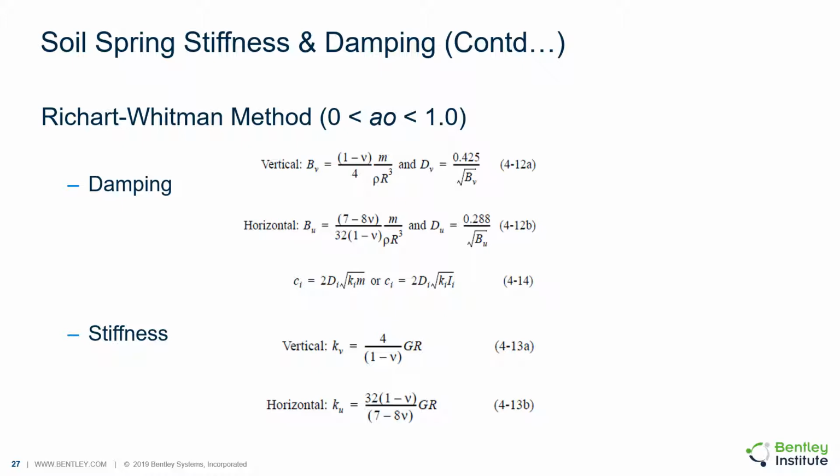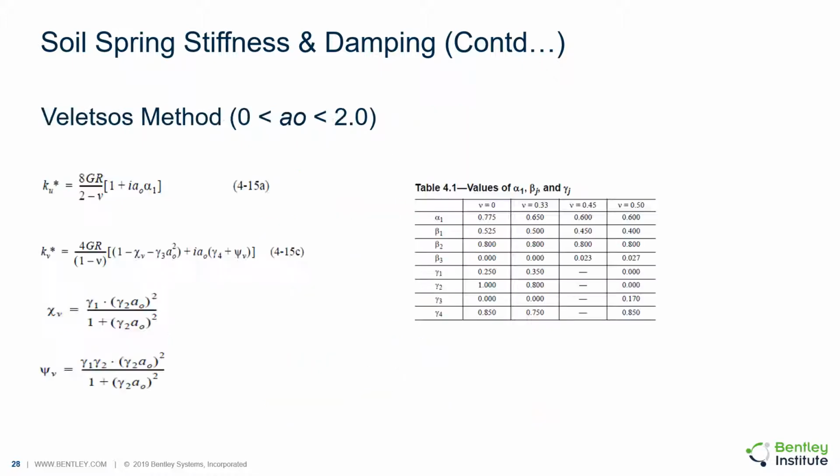STAAD Foundation Advanced does not consider rocking or torsion degrees of freedom, and so equations for those are not being discussed here. The 4-13a and 4-13b are used for calculating the stiffness, and subsequently based on the damping ratio, system mass, and the stiffness, the damping constant is calculated as per equation 4-14.